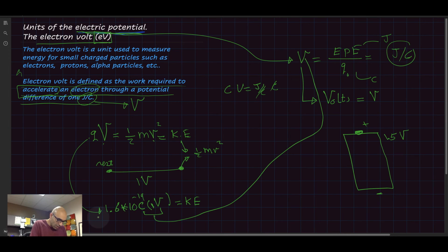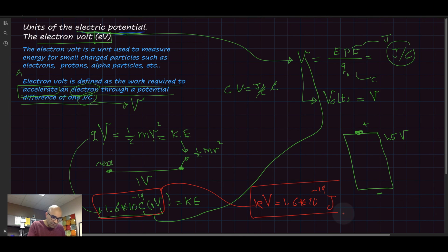This whole thing is known as the electron volt. Notice how I write it: e is small, V is big. So 1 electron volt is equal to 1.6 times 10 to the minus 19 joule. That's the definition of an electron volt.